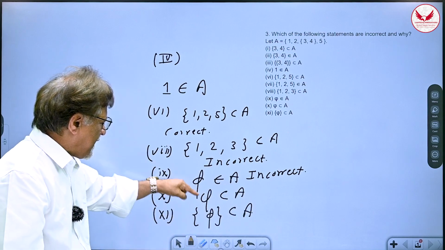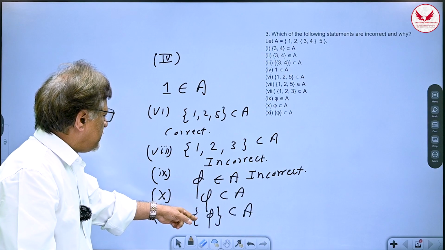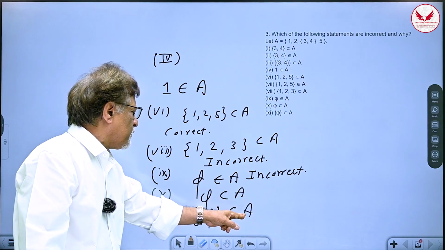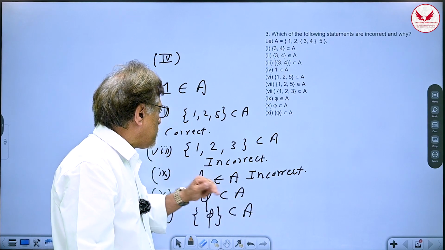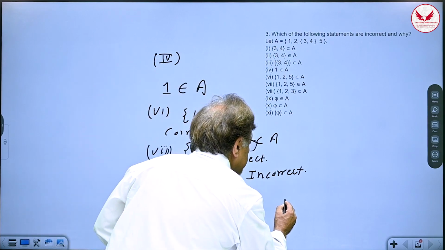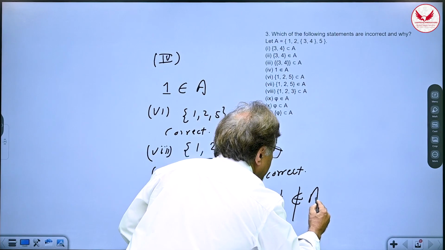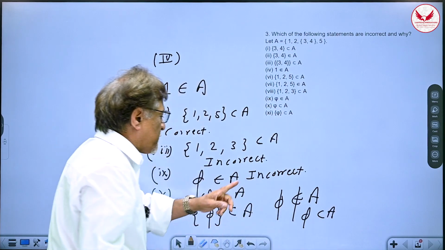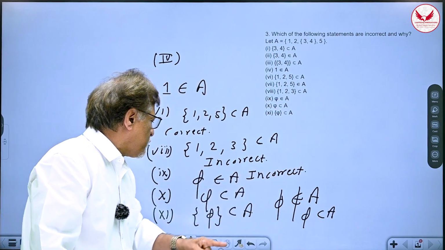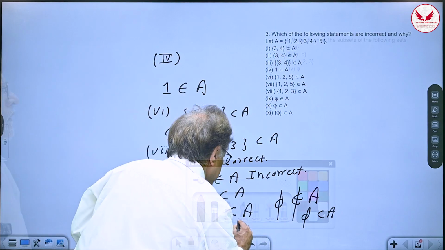This set is a set which contains one element called phi. So therefore this is not a subset of A because phi does not belong to A. Phi does not belong to A. Therefore, this statement is incorrect.